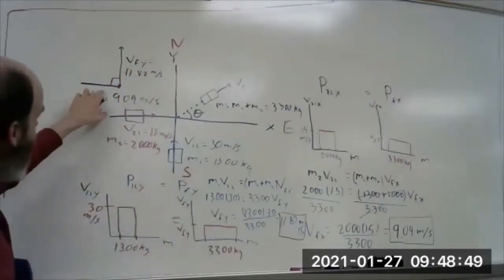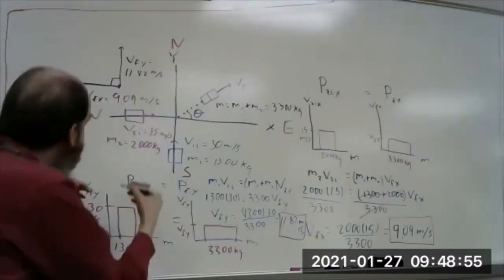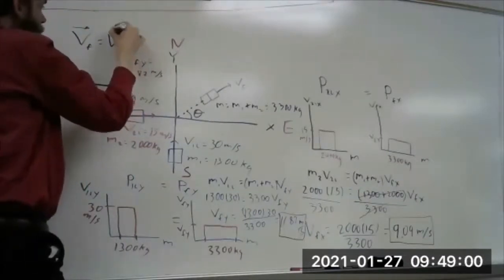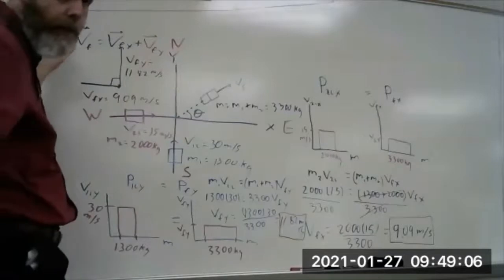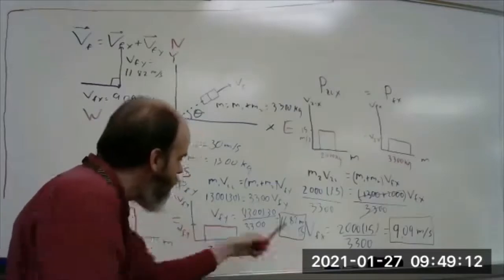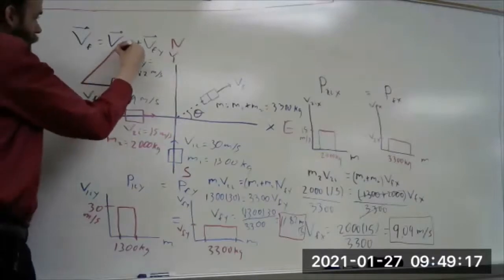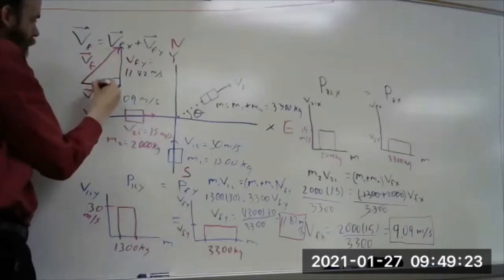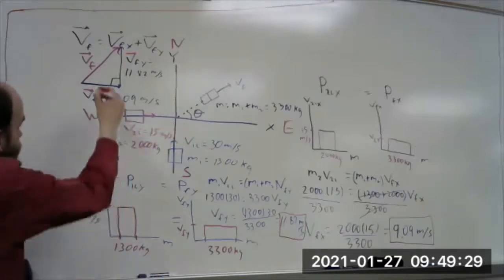So this vector plus this vector gives us the resultant, because V final equals V final x plus V final y. So this is vector addition. We're adding the two vectors, so we go from here up to there. So that is V final. Okay, these are vectors. And this angle, that's theta. It's the same theta.